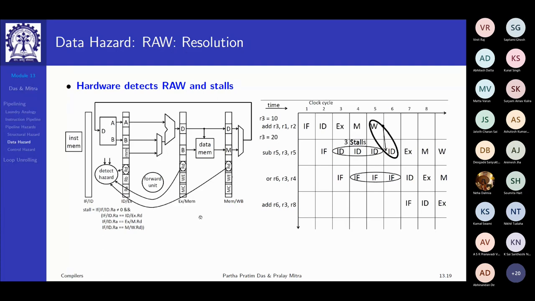And if you look at the left architecture diagram, which is just simplified, after the instruction fetch there is a detect hazard kind of unit that you can put, which can check what are the different registers that are involved. This is a destination register.